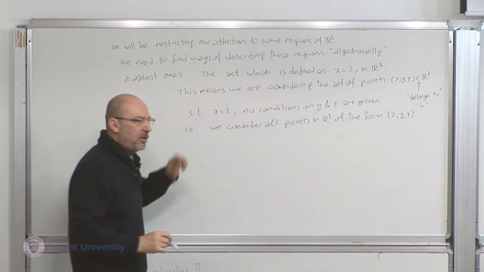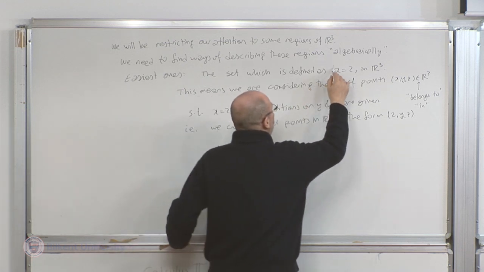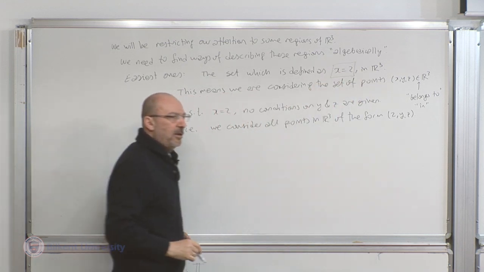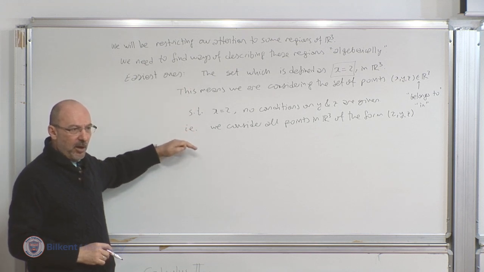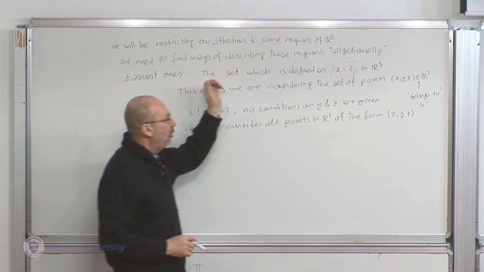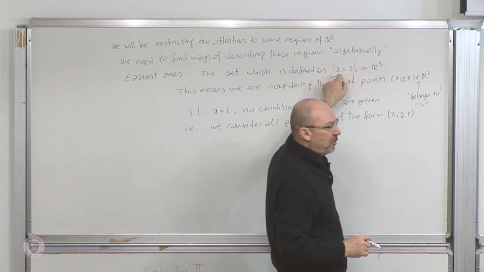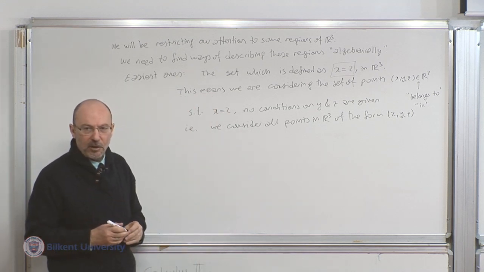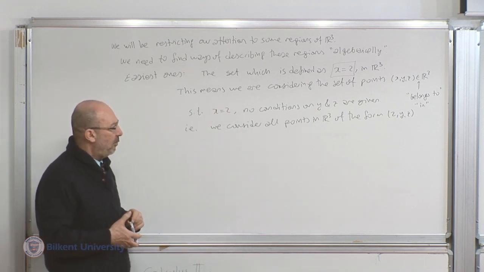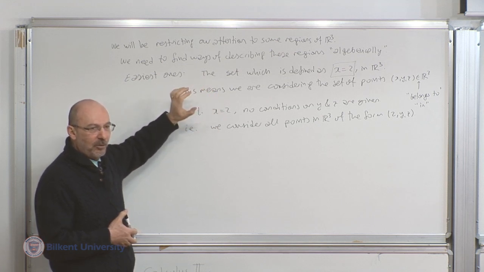This is a trivial example, but change this to a more complicated expression. This is how you think about this. We are looking at all points x, y, z in R3 which satisfy this condition. Here I deliberately chose a totally trivial example so that you see what goes on through our mind.